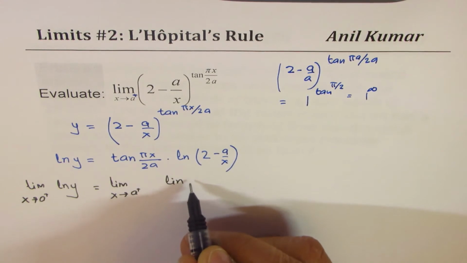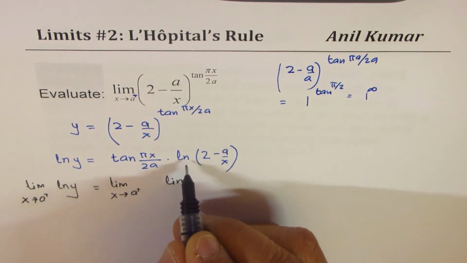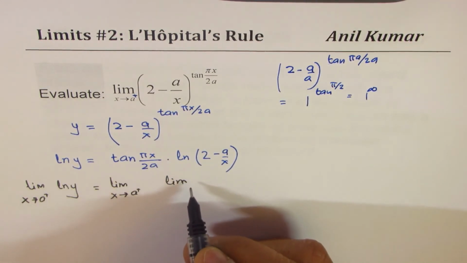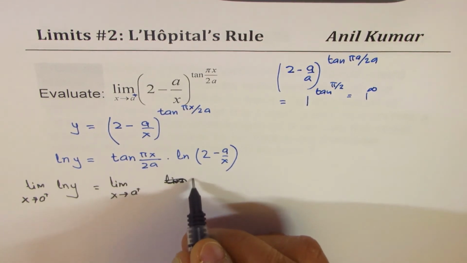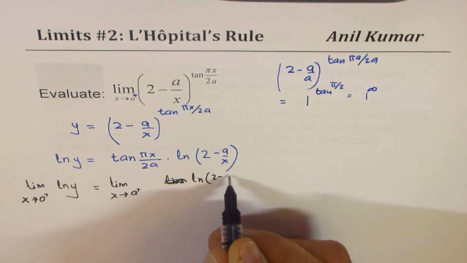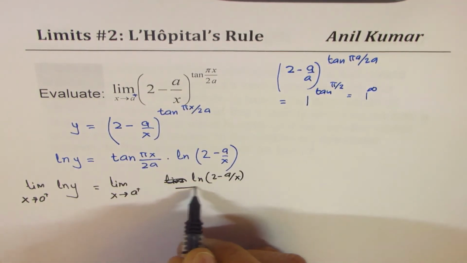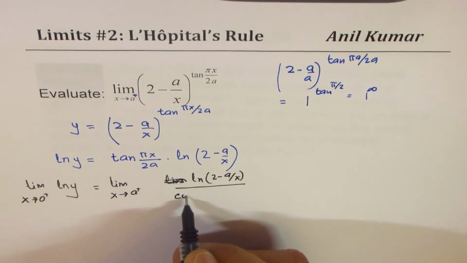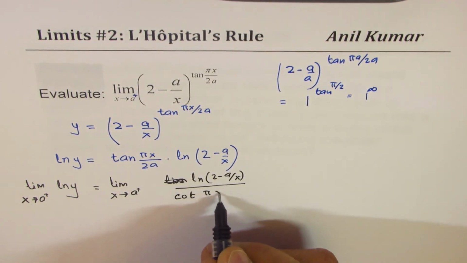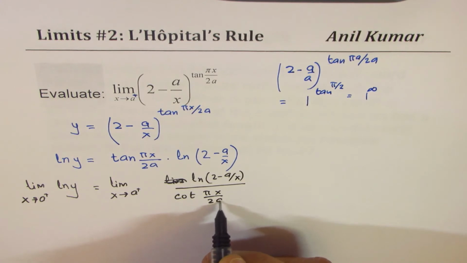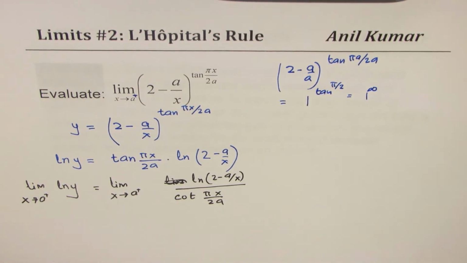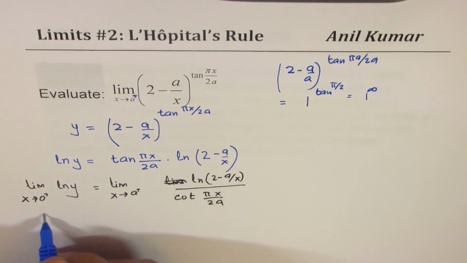So write limit ln(2 minus a over x) over cotangent(pi x over 2a). Perfect. So now we know from L'Hopital's rule that limit of the ratio function is same as limit of their derivatives, right? So we'll use that rule now.